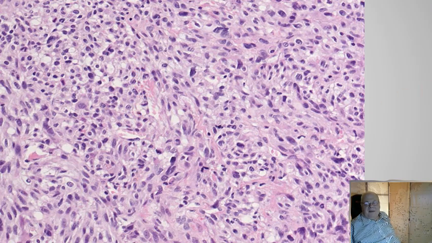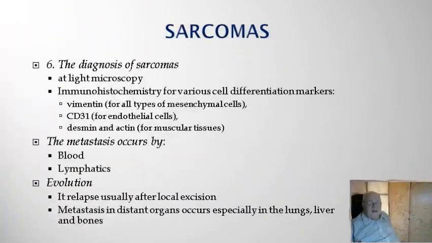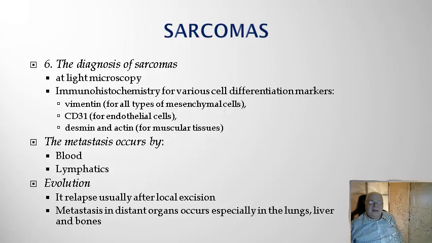It's extremely difficult. Again, it was a liposarcoma there. So at light microscopy, it's very, very difficult without special stains, and particularly important the immunohistochemistry markers that we have at our disposal.